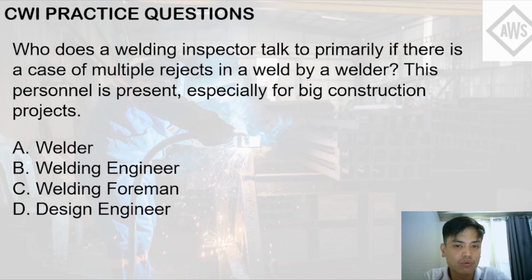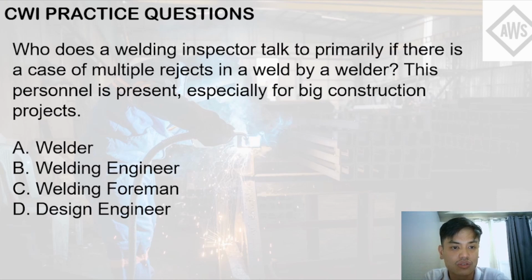So basically, if you direct your communication to or confront the welder, it may ensue a confrontation between you and the welder, because typically big construction projects have a tight schedule. The pressure might be on the welder to produce multiple welds at that tight deadline.